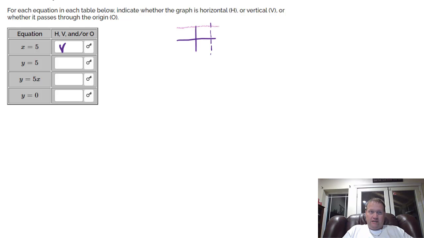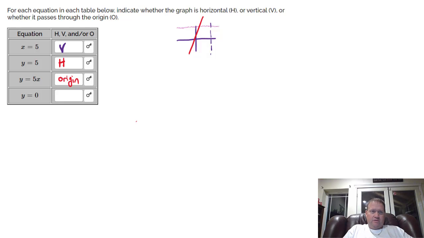It's a horizontal line up 5. And this y equals 5x is the one that has a slant. We just did y equals 3x. 5x would just be steeper. This one does go through the origin, but it's not horizontal or vertical.